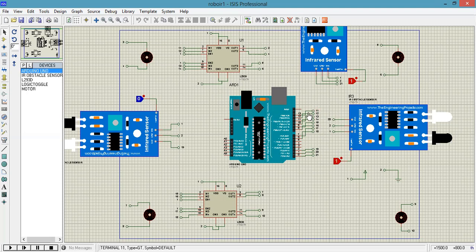Next, these eight pins are called output pins, which go to the motors. Pin numbers 6 to 13 are connected to the inputs 1, 2, 3, 4 of the driver circuits, and from the driver circuit the output is connected to the motor. Next, I am going to explain the program.